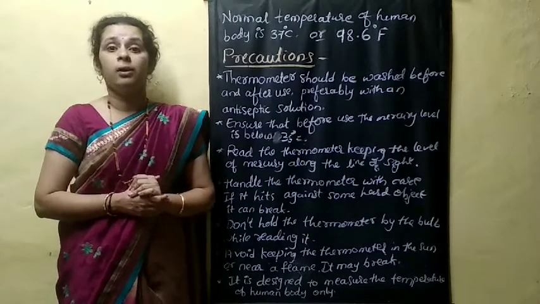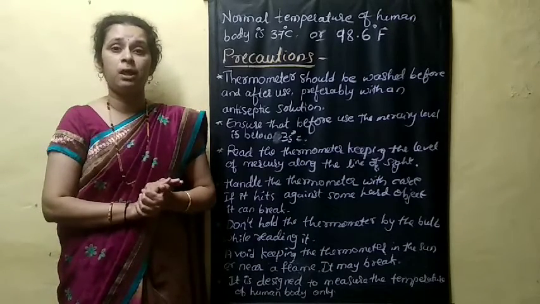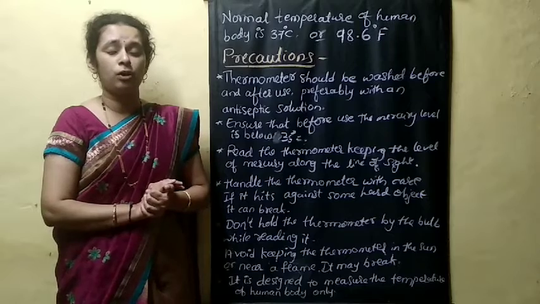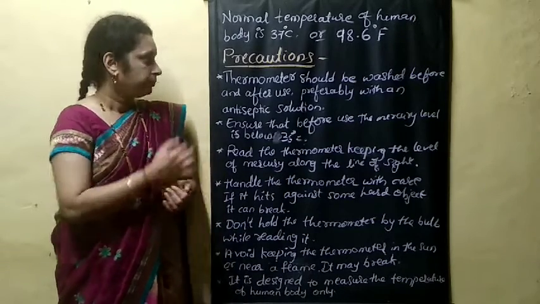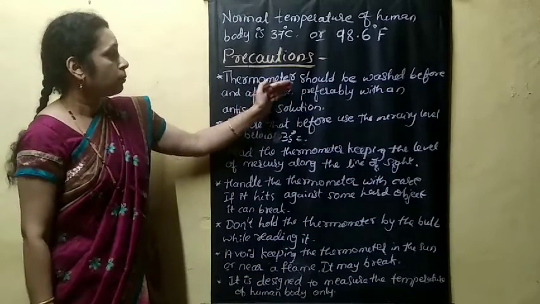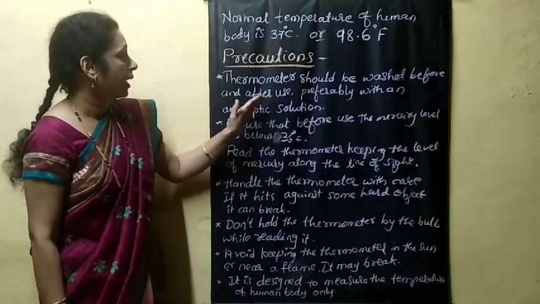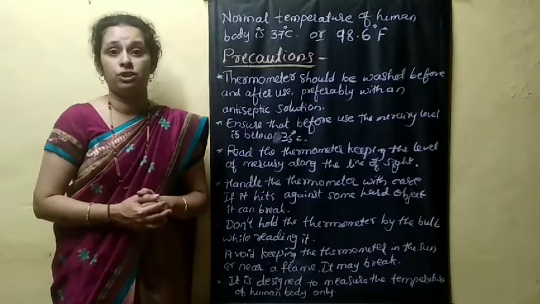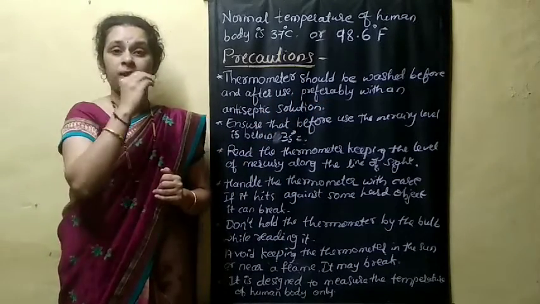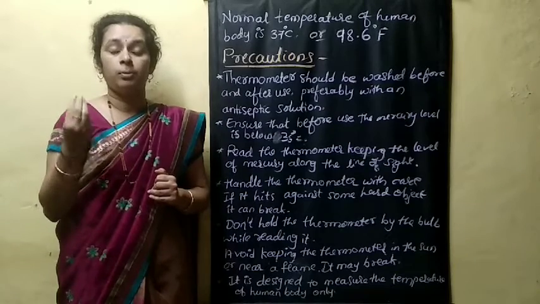Because you should take precautions while measuring with the clinical thermometer. First one, the thermometer should be washed before and after use, preferably with an antiseptic solution, because you are keeping it in the mouth of another human being.